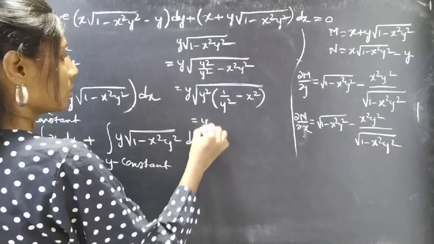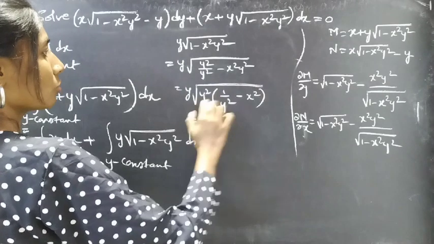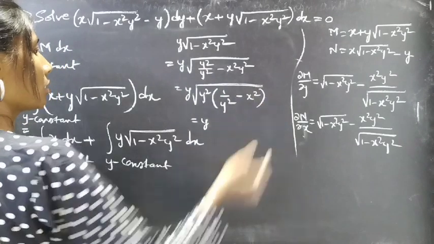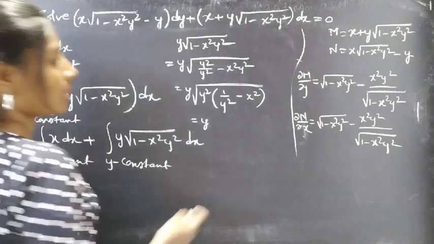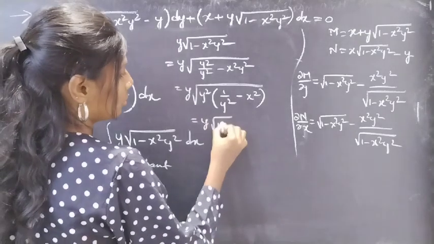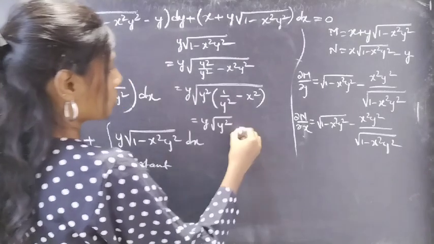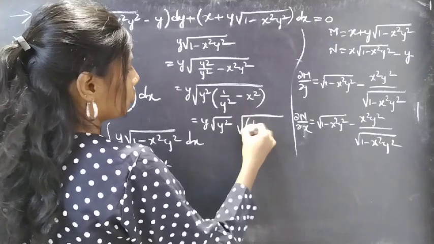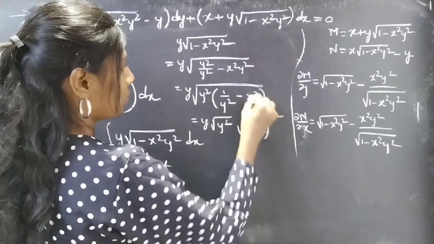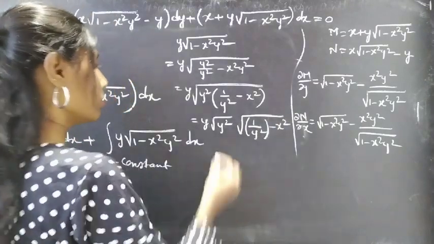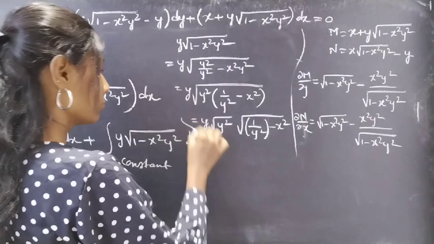This equals y into square root of y square into square root of 1 by y square minus x square. Here y square is constant again.